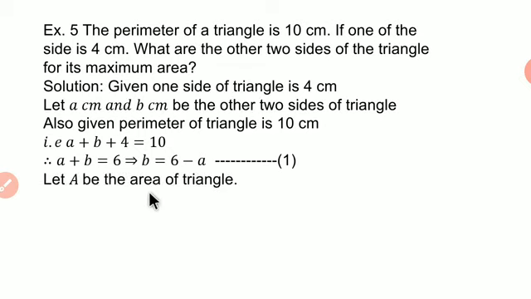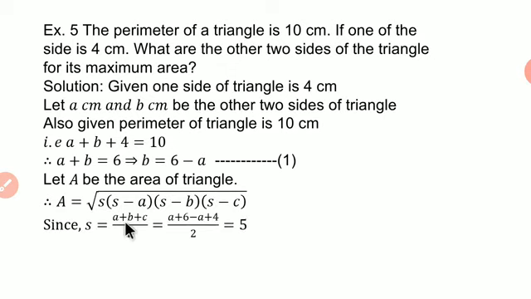So let A be the area of the triangle. By using the definition of the area of a triangle when the three sides are known, we find the area in such a case by using Heron's formula. And so A is equal to the square root of s into (s minus a) into (s minus b) into (s minus c), where s is (a plus b plus c) upon 2.